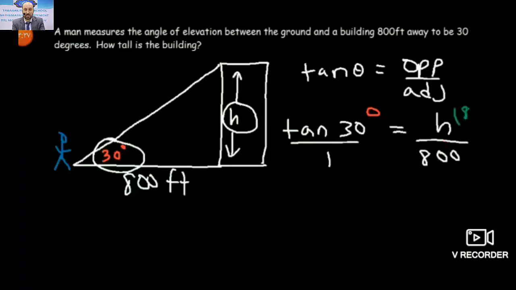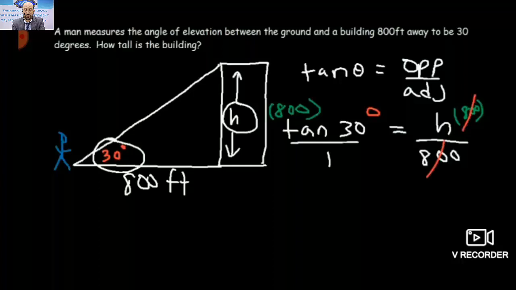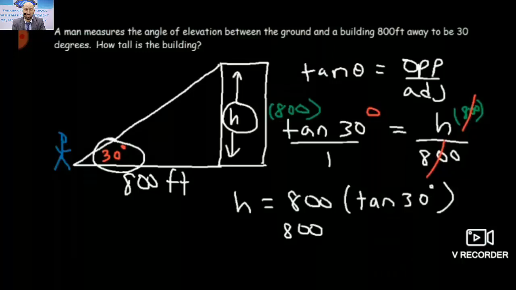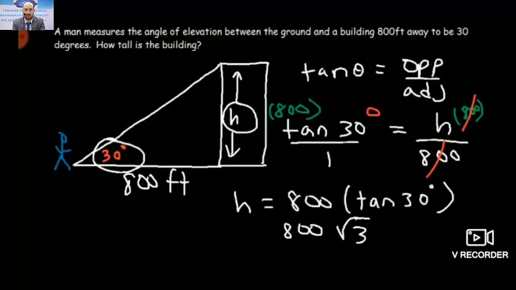Using your calculator to find it, we will have h equals 800 times square root of 3 over 3 feet.